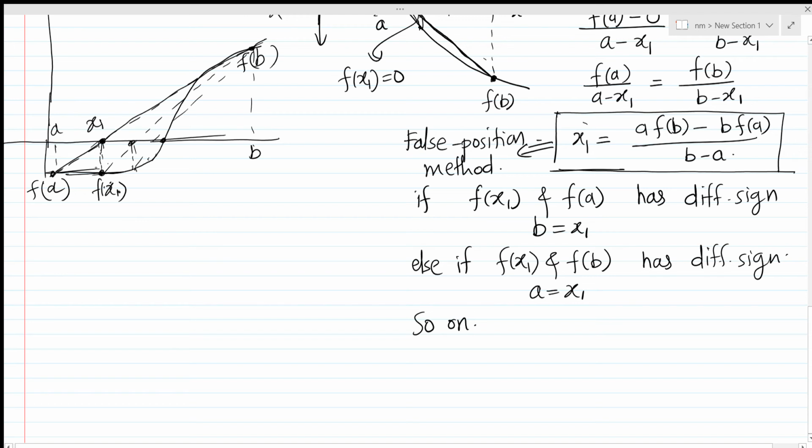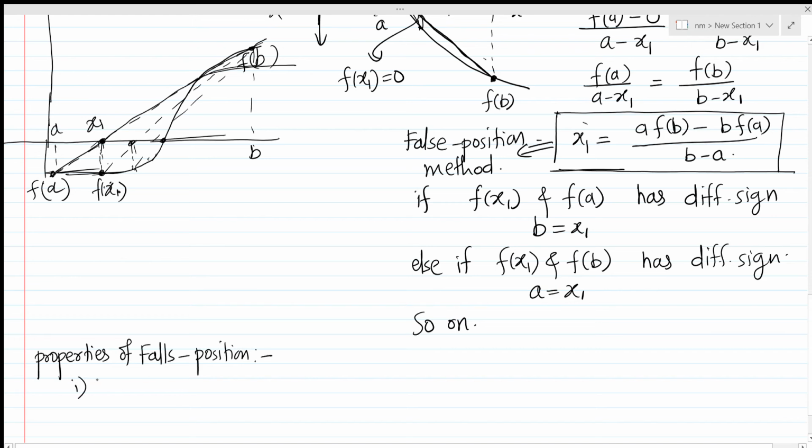So sometimes if the function is very flat, then slow convergence can happen in the false position method. There are some properties or notes on false position.